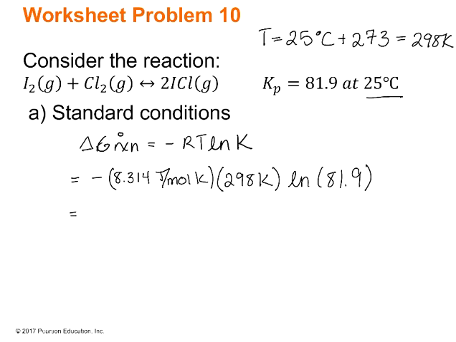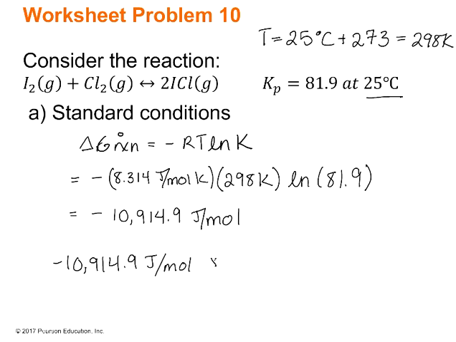All right, so once we calculate that, we should end up with a value of negative 10,914.9 joules per mole. Now remember, delta G is usually expressed in kilojoules. So we can convert this value to kilojoules. So we're just going to multiply by 1 kilojoule over 1,000 joules.